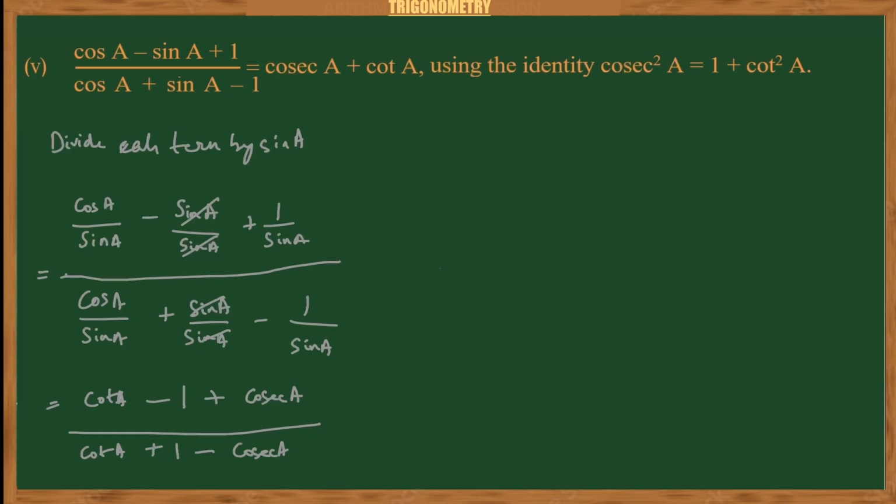Cosecant square A is equal to 1 plus cot square A. If I bring cot square A to this side, 1 is equal to cosecant square A minus cot square A. So 1 we can replace with cot square A's counterpart. Let's see if we can simplify with this value.